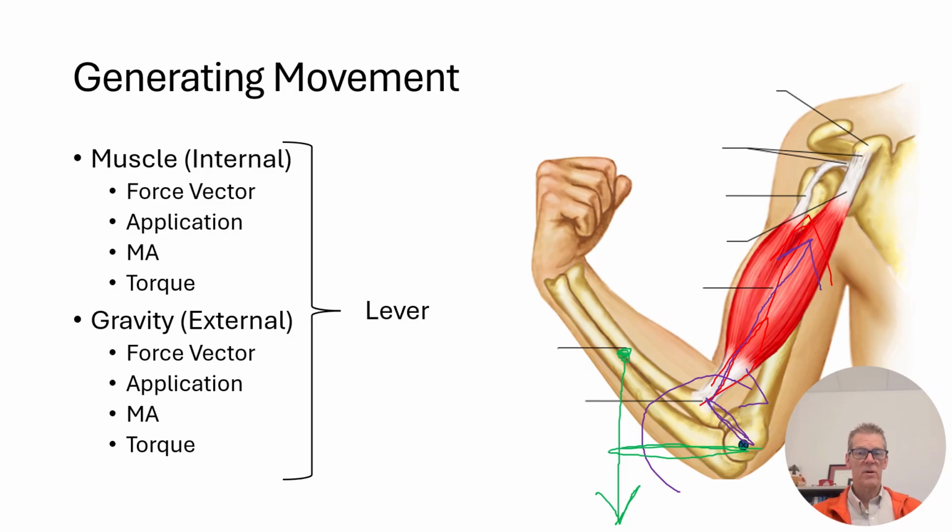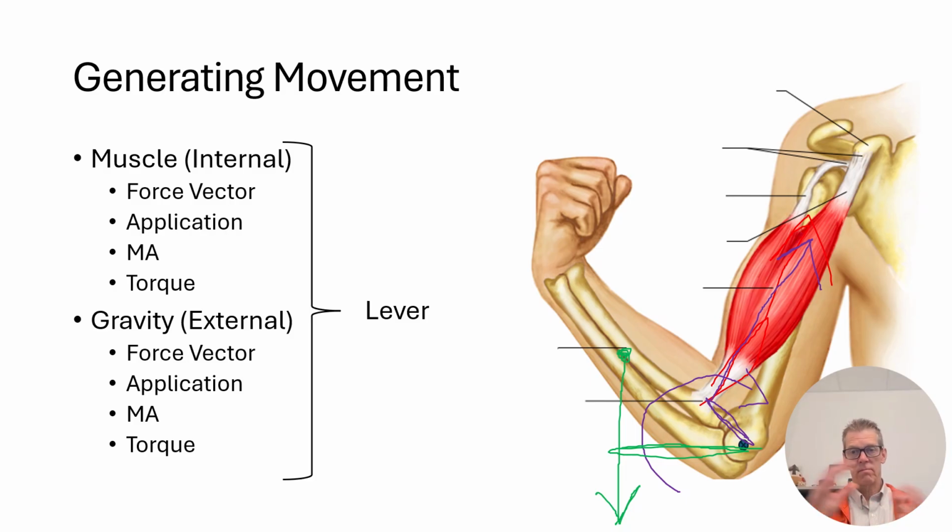So my external moment arm is at least twice as long as my internal moment arm. Gravity accelerates the arm at a certain magnitude, so we could figure out the force that's being created here.